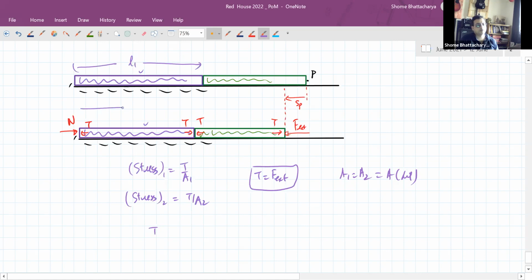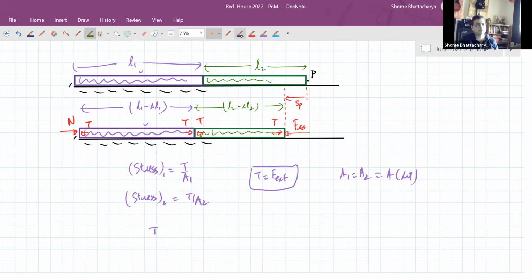So this has got compressed to L1 minus delta L1. And this was having natural length L2. So this has got compressed to L2 minus delta L2.